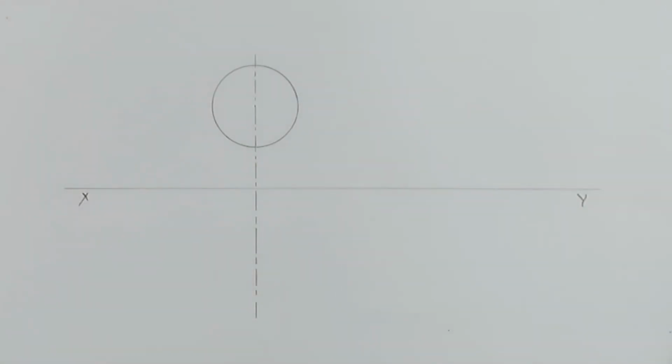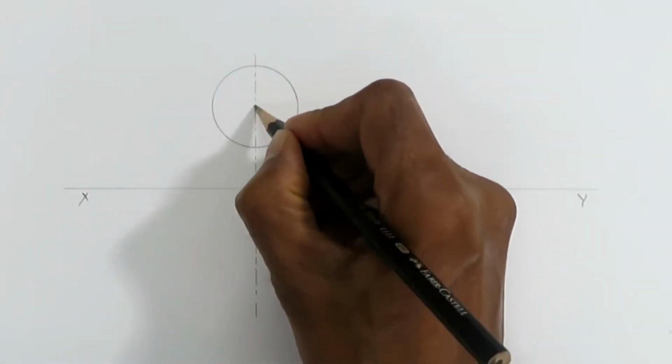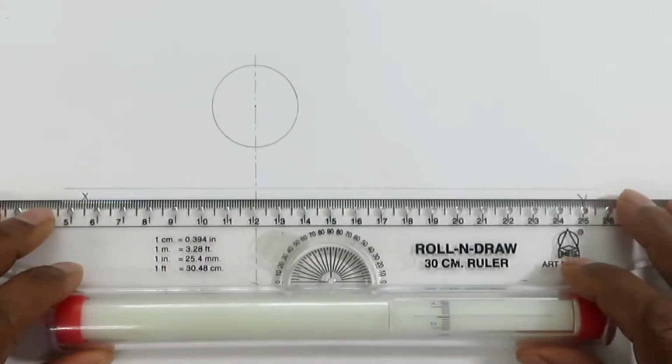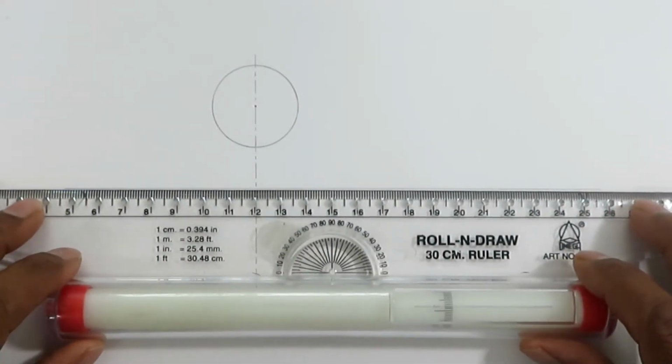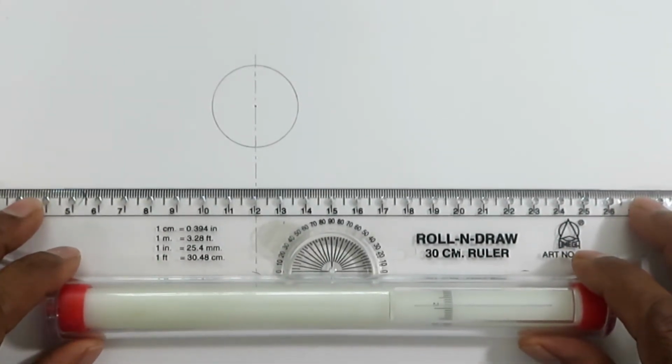So first we draw the circle and locate the center of the circle and then draw the horizontal diameter.